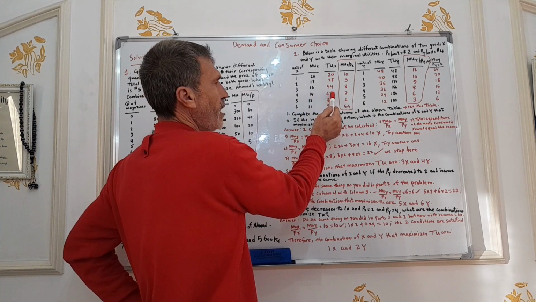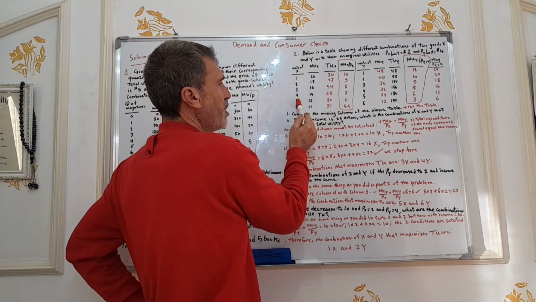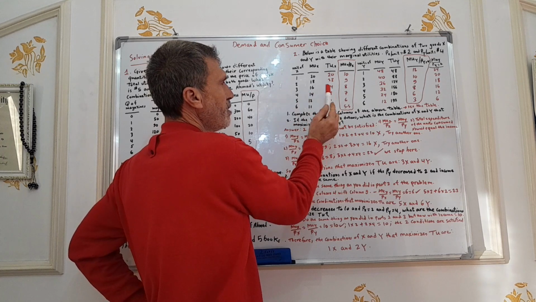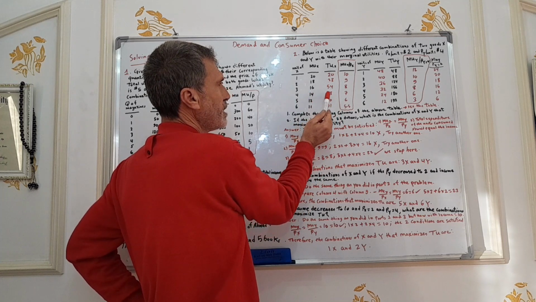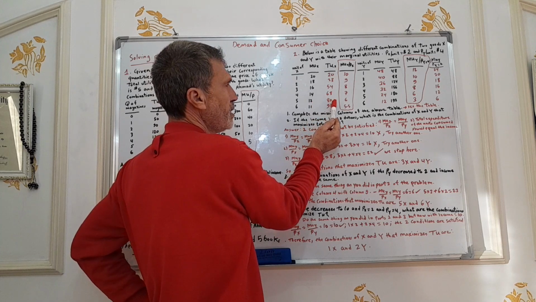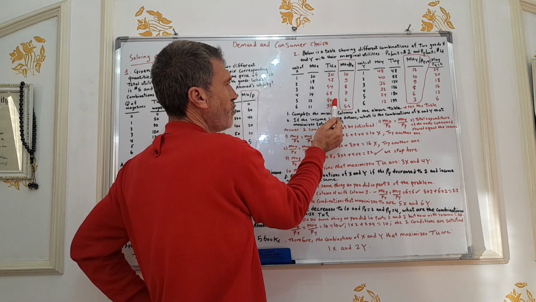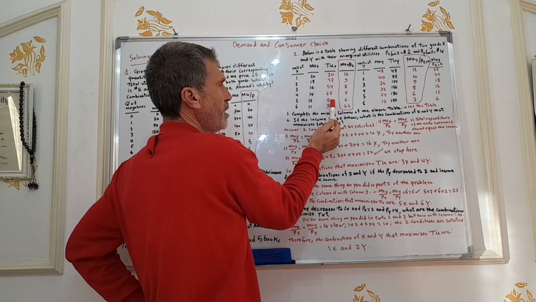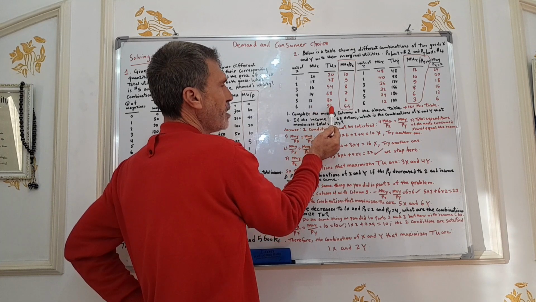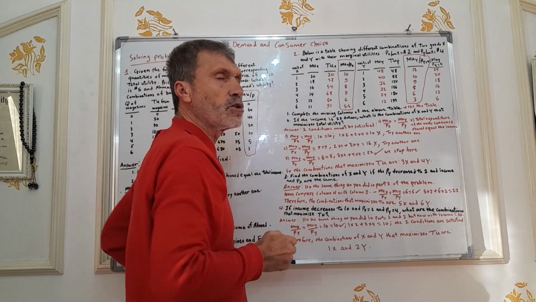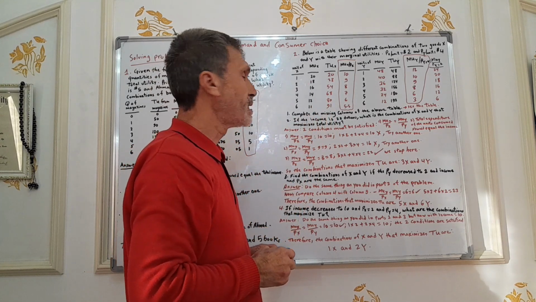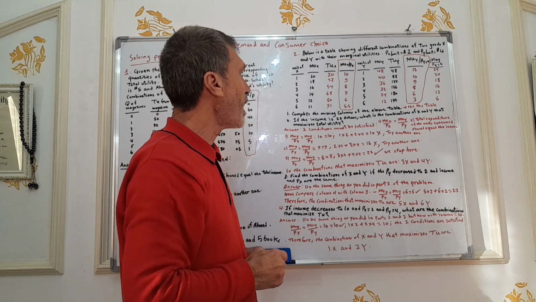To find the total utility for the fifth unit, 68 plus 12 becomes 80. This is the total utility for the fifth unit. For the sixth unit, we add 80 plus 11, we get 91, and this 91 is the total utility for the sixth unit of X.